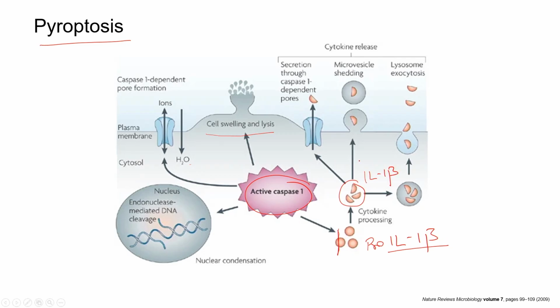This can trigger the inflammatory processes. They can either go by microvesicle shedding, which can happen in the cellular membrane, or they can do a lysosome exocytosis, where things can be degraded by lysosome and then exocytosed.